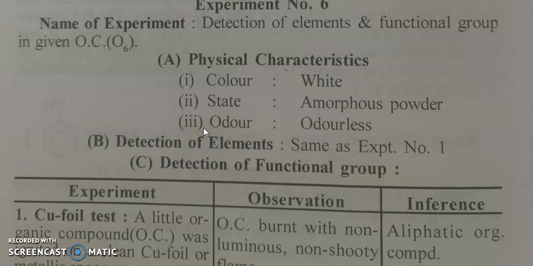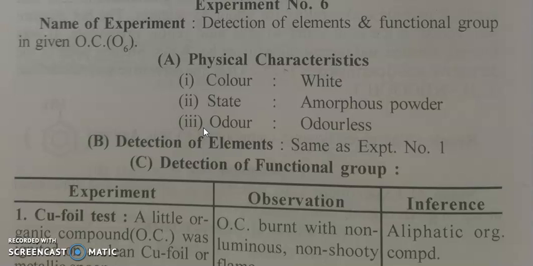My friend, elements present in an organic compound are detected by the Lassaigne test. When an organic compound is heated or fused with metallic sodium, sodium salts like cyanide, sulfide, halide, or thiocyanate are formed. The salt, being soluble in water, passes into the filtrate called sodium extract.